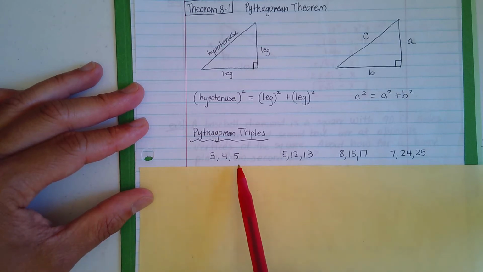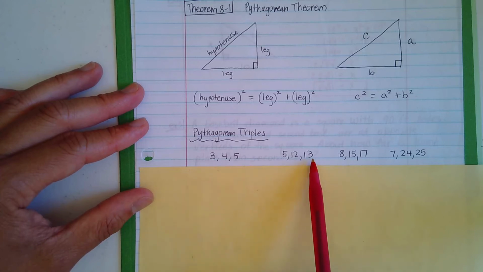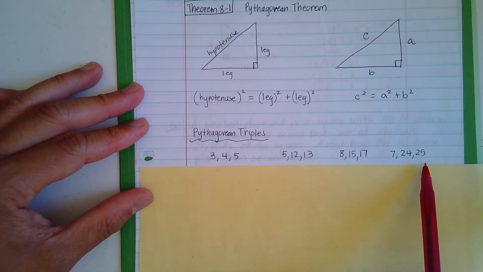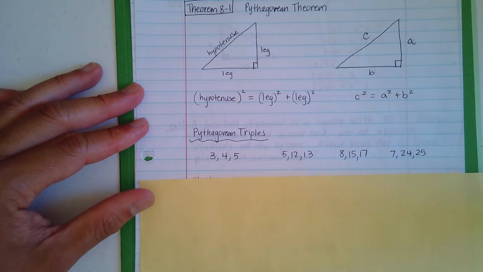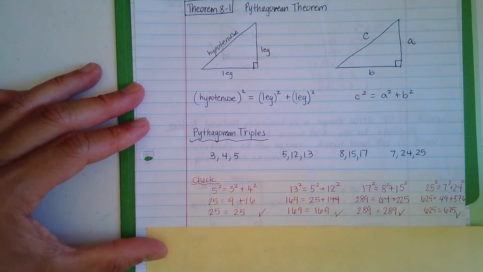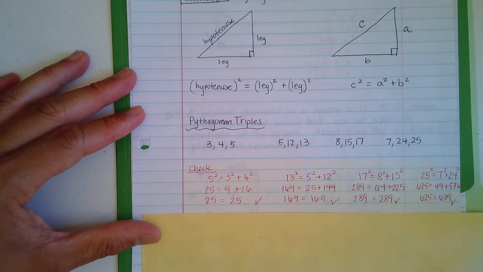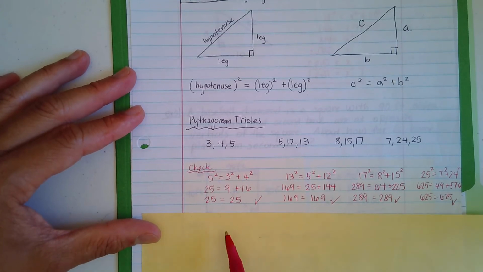So again, identify the hypotenuse. The hypotenuse is always the longest side, so 5 is the hypotenuse, 13 is the hypotenuse, 17 is the hypotenuse, and 25 is the hypotenuse. And we checked, and these are Pythagorean triples.